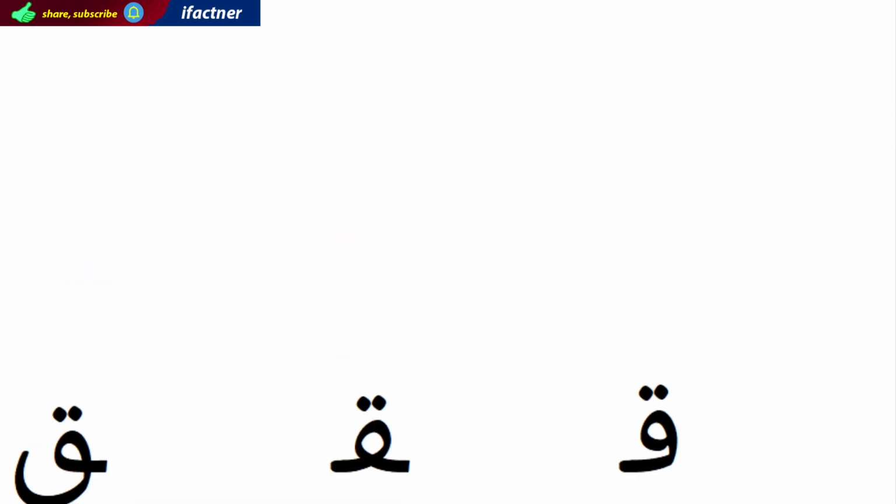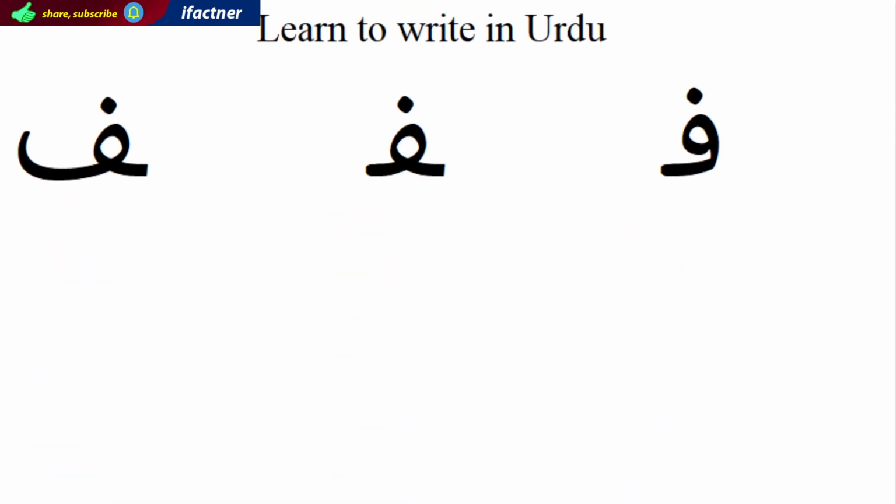Let's start our lesson. Today's first letter is fe. So how do we write fe in its independent position? We draw a circle and then curve it down. Then we write it just like bay and we put a dot on top of it.